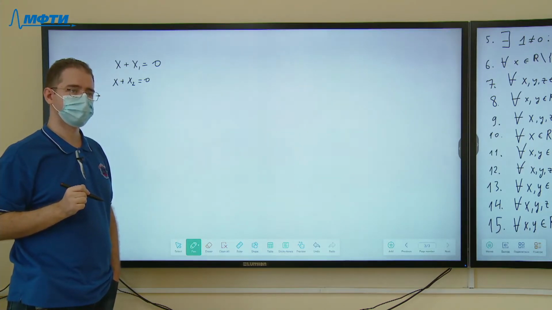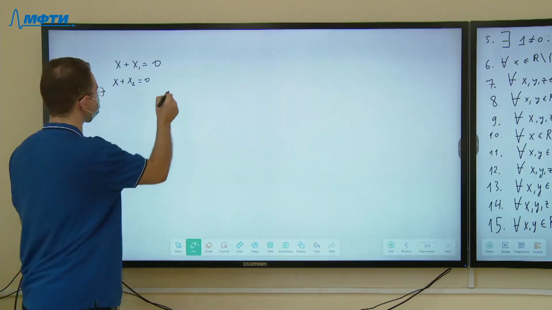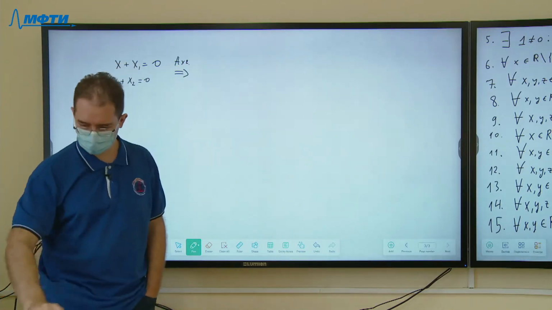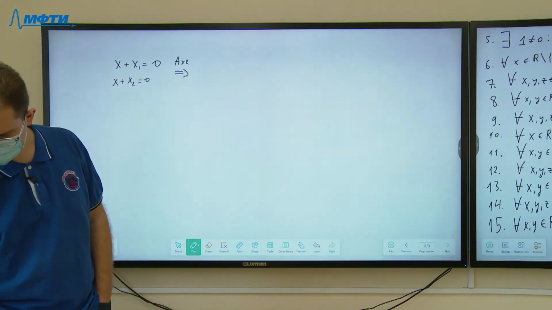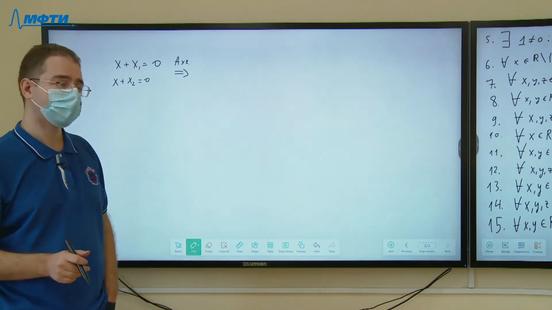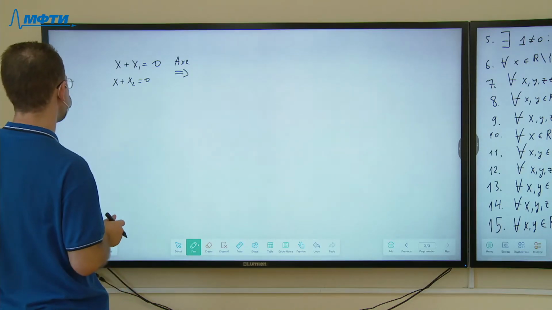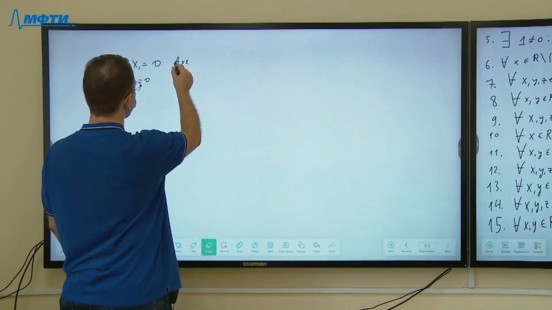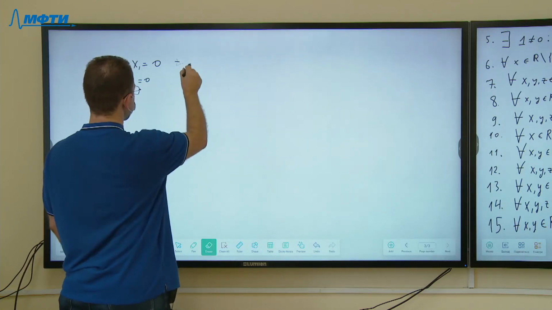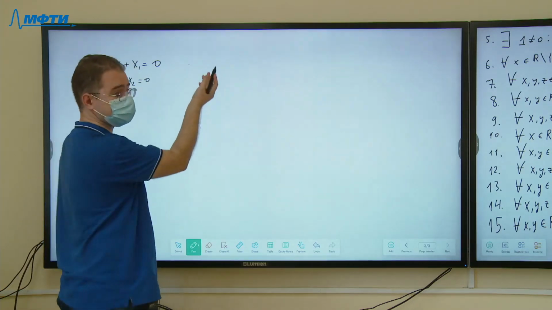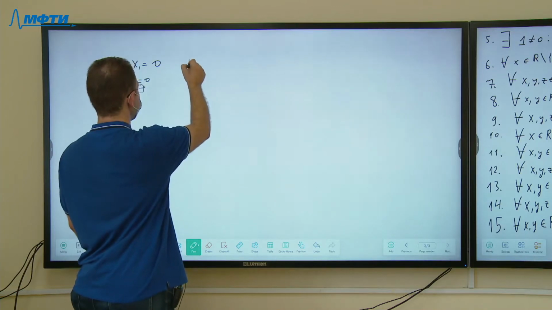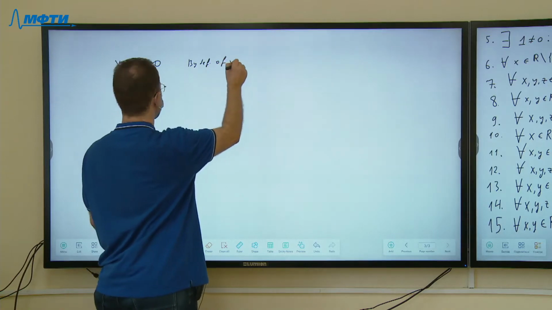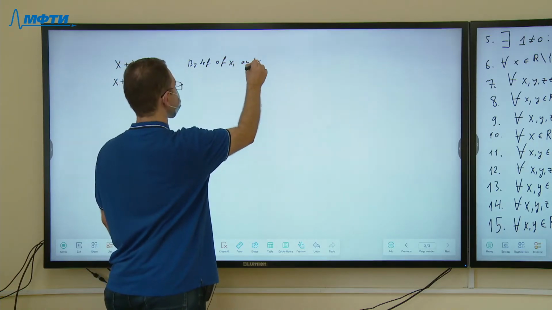We can write from axiom 2. What follows from the second axiom? No, this is not from axiom 2. This is by definition of x1 and x2.